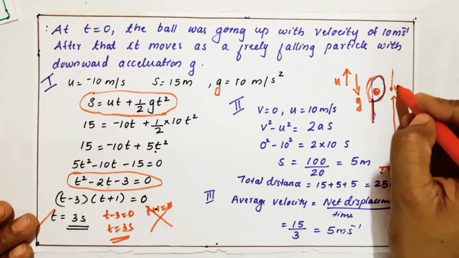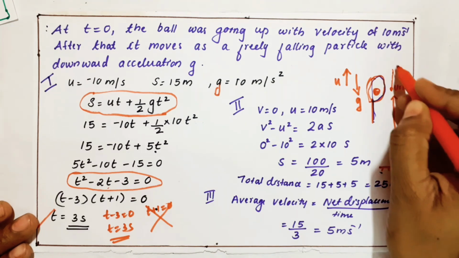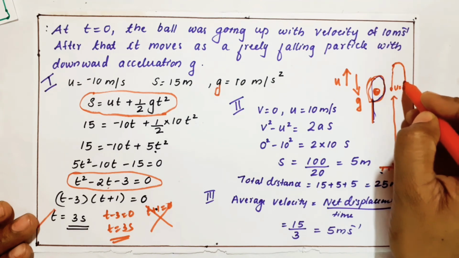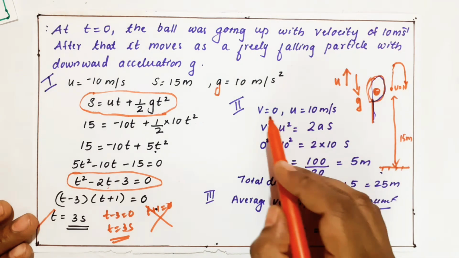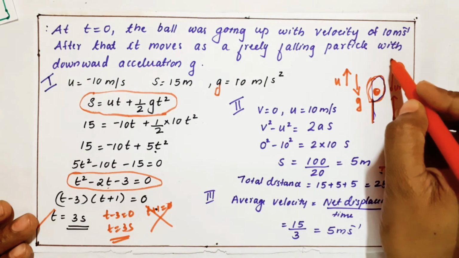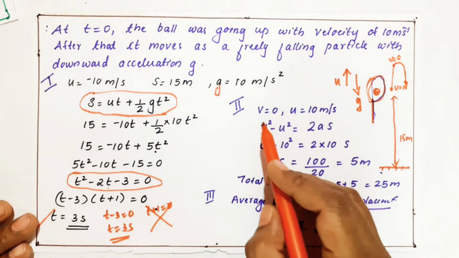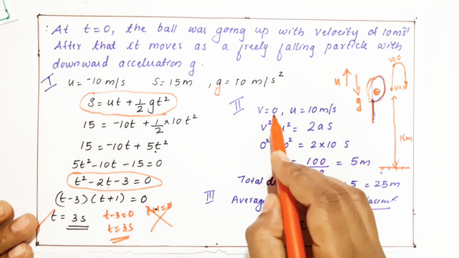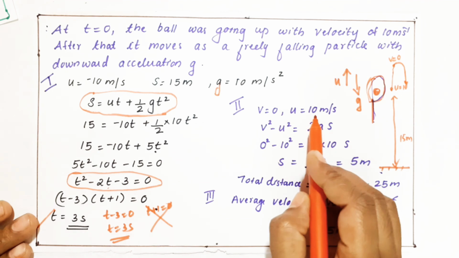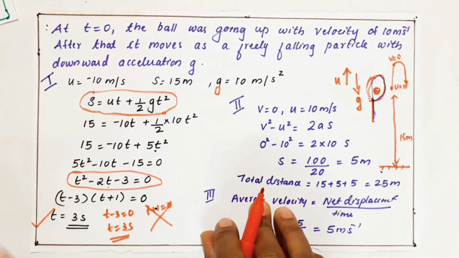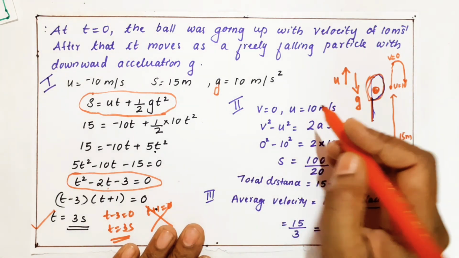So what I am taking, at this point u as 10, it goes up to a height. Then after that it's coming down, which means when it reaches the maximum height, its final velocity becomes 0. That is the reason I wrote v equals 0, u equals 10, v square minus u square equal to 2as.